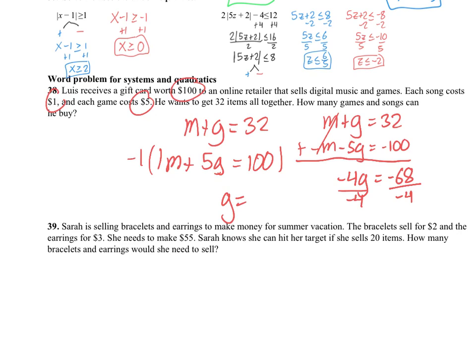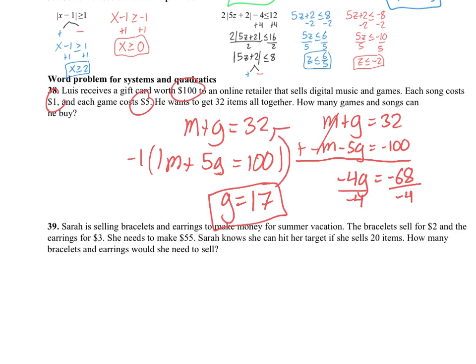17? Am I wrong? I'm just going to guess 17. If I'm wrong, I'm wrong. 17 games? I hope. And then my music, so I plug that back into an original equation.